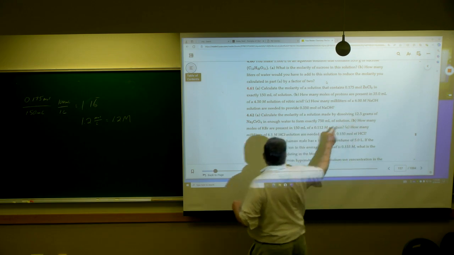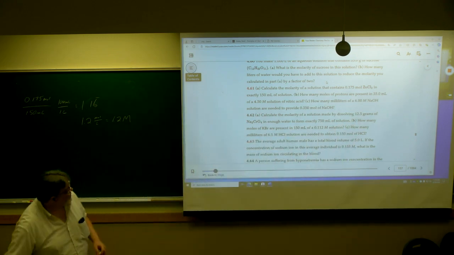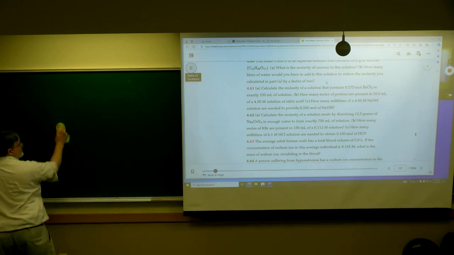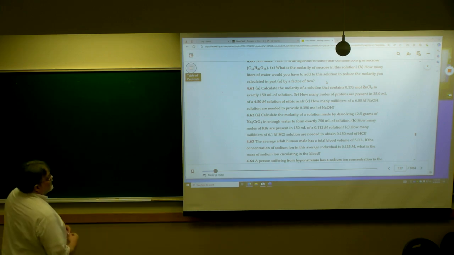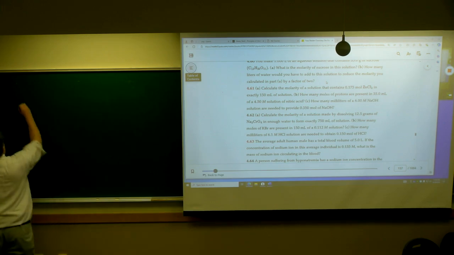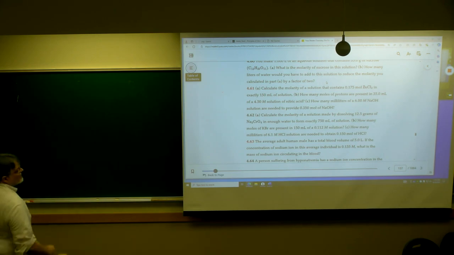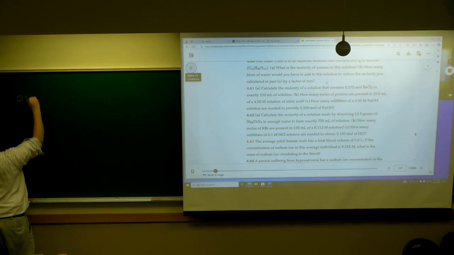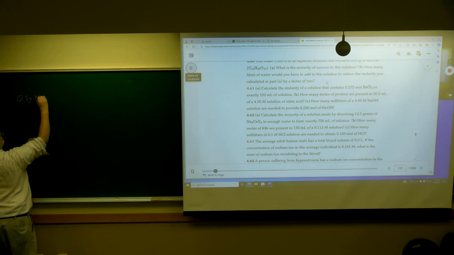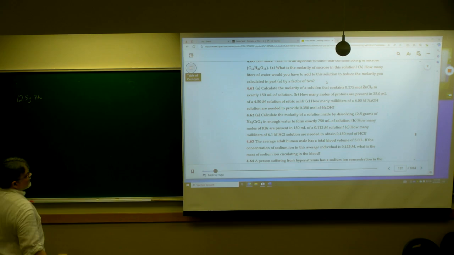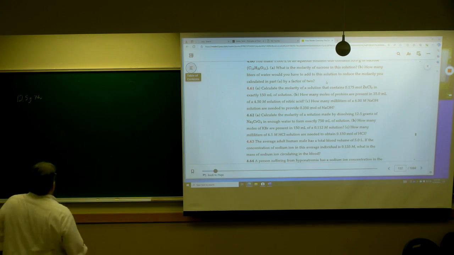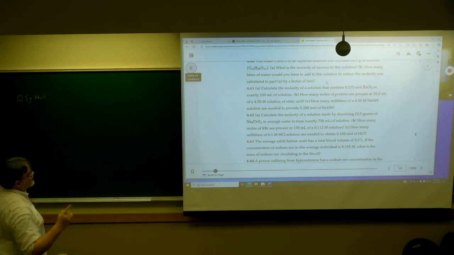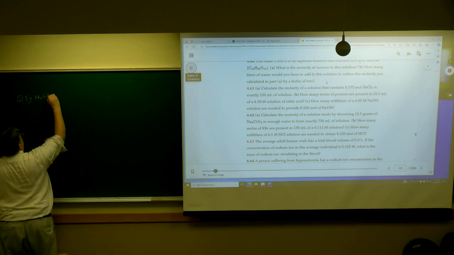So this one would involve the grams per mole, 4.62. Does it say 12.5 grams? Na2CrO4. It's chromate.